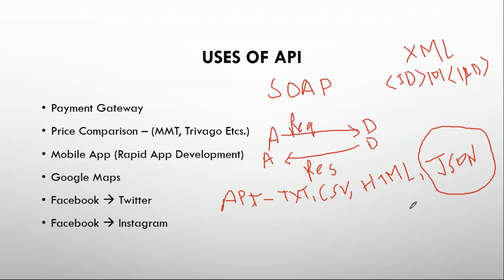As we saw in our previous session, for creating a new record I send one request, for updating one record I send one request, to get a value from the database I send one request, to delete I send one request. So it is stateless. So these are the APIs uses and all the stuff.